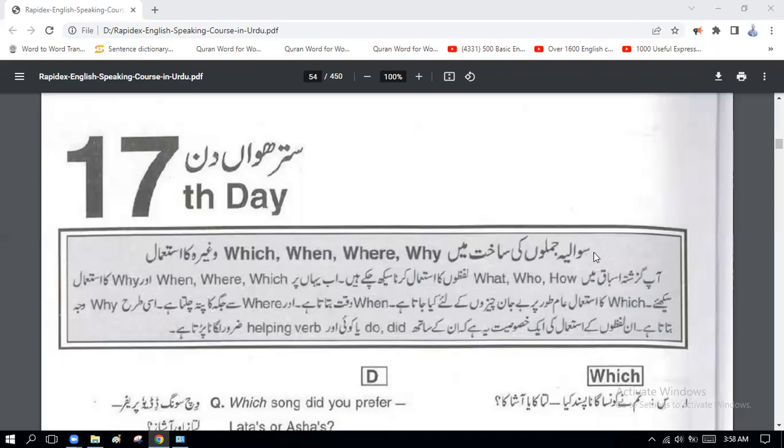So we are going to start, and I will give you my own opinion here. These are the 9 question words. Here you can see there are a few question words which are given as why, where, when, which. Normally, I arrange them in a different way.